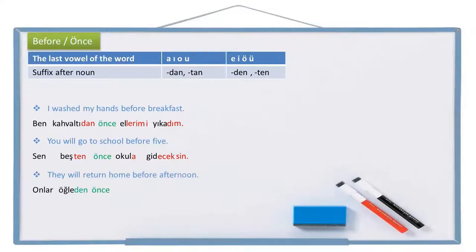Return home: in Turkish, we don't say return home, we say return to home. So I need a dative suffix here. Eve, to home. Return, dön. Will return, dönecek. They will return, dönecekler. So, they will return home before afternoon is onlar öğleden önce eve dönecekler.